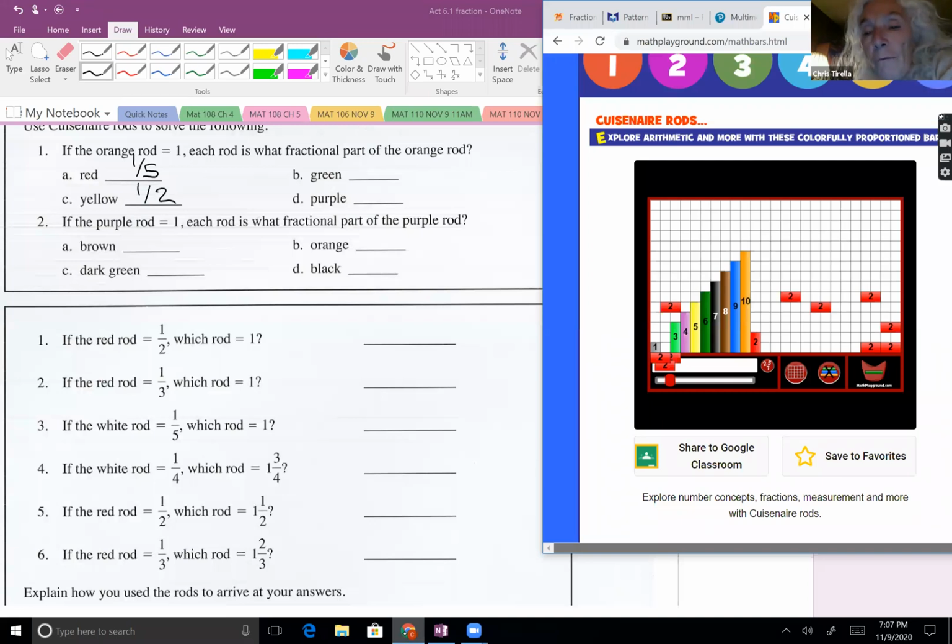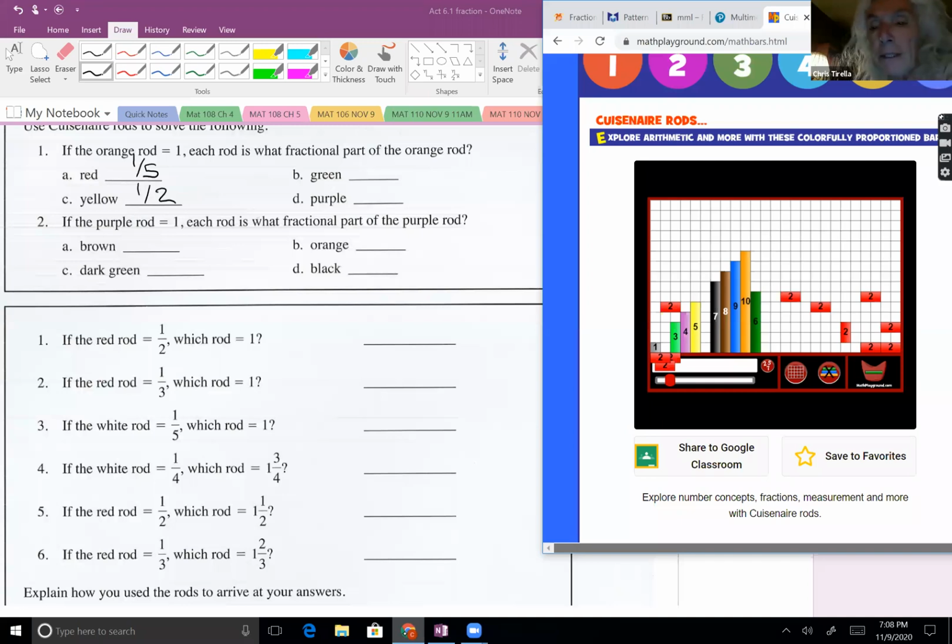What fraction of the orange would you say the green is? I got 4. I guess it depends which green we're looking at.